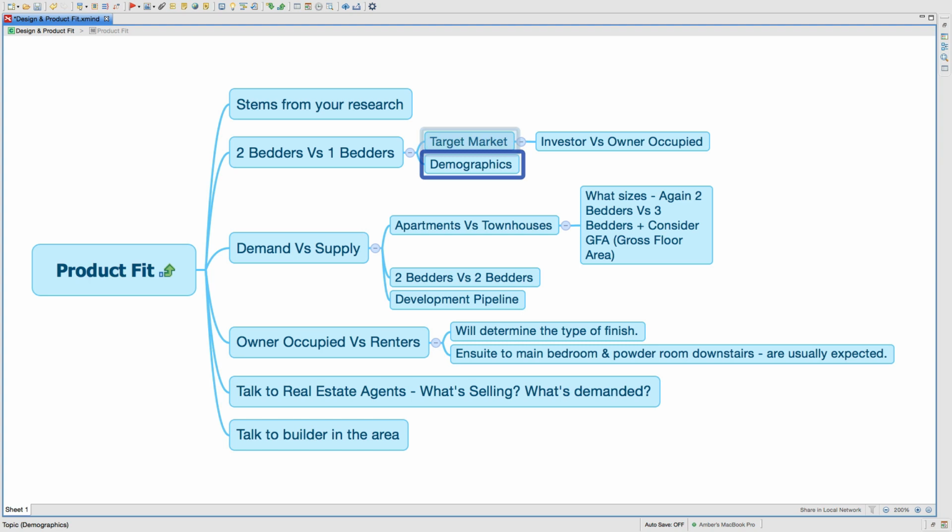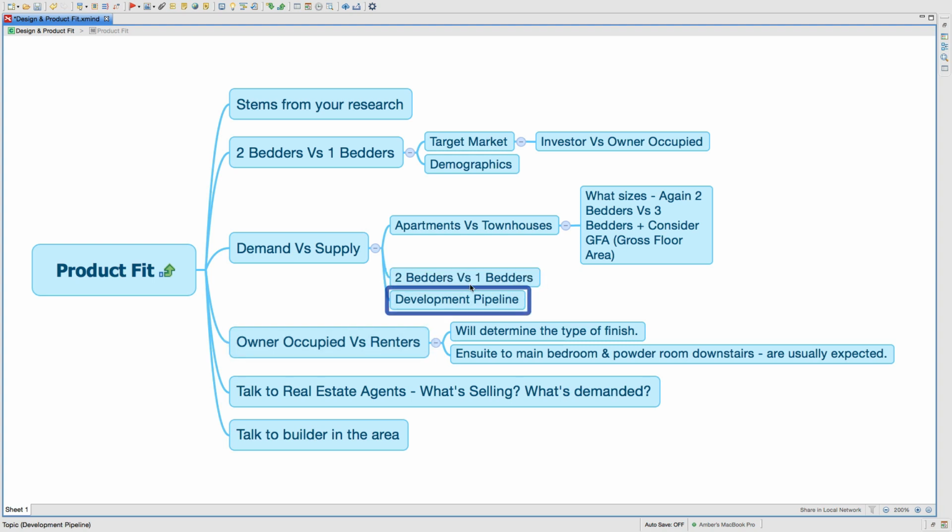So all these things come into play. Demand and supply, for example. Apartments versus townhouses. What sizes? Again, two bedders versus three bedders. Plus, you've got to consider the gross floor area that you can build on. Then you've got demand and supply. Two bedders versus three bedders or single bedders.